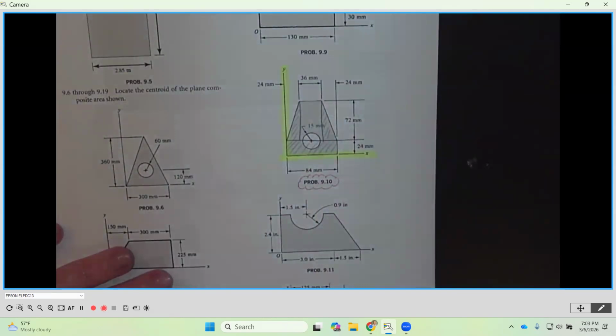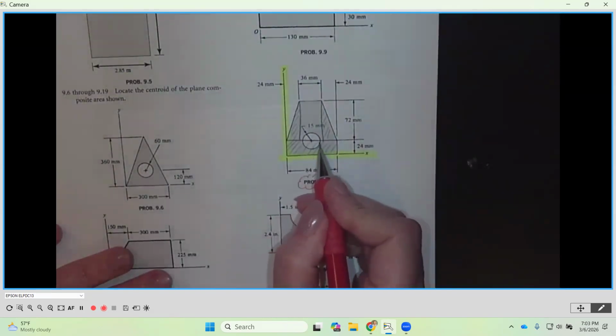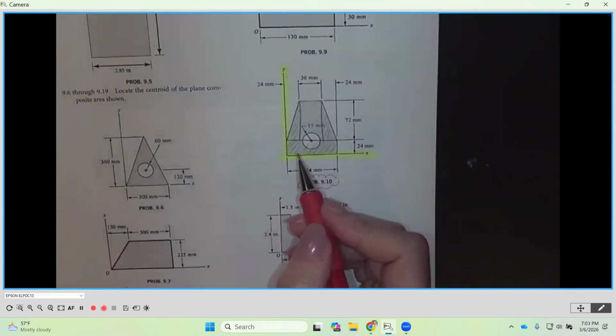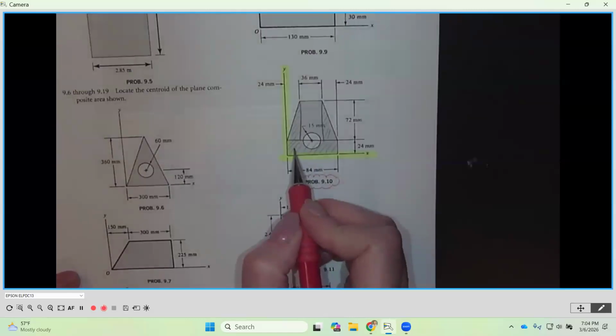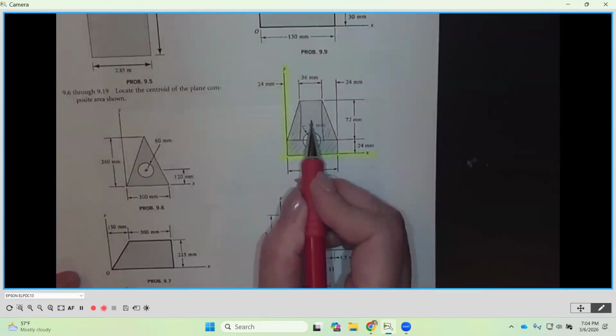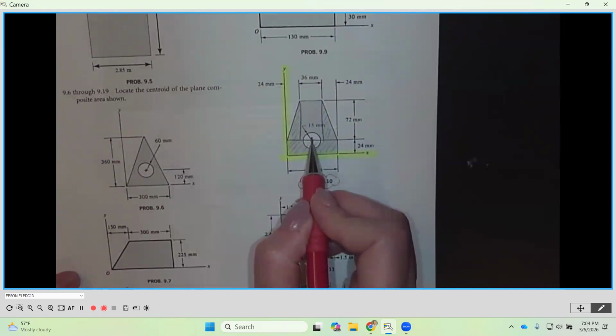And then you've got a hole where you're going to remove the material. If you divide it up this way, like I would, and I'm not saying that that's the only way or the right way, it's just a way, you would have 1, 2, 3, 4, 5 shapes. That would be one way to look at it.